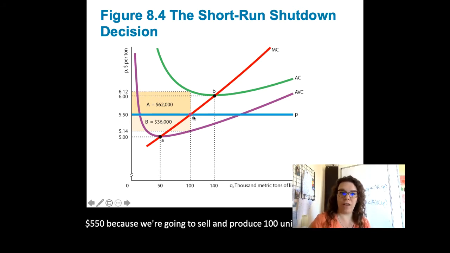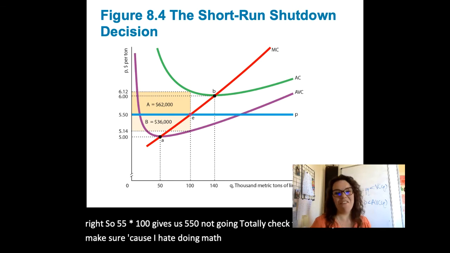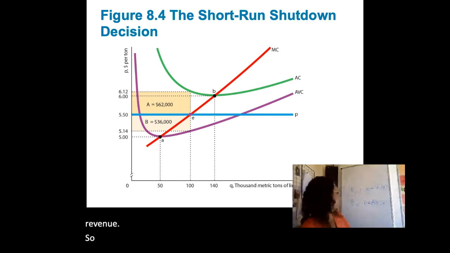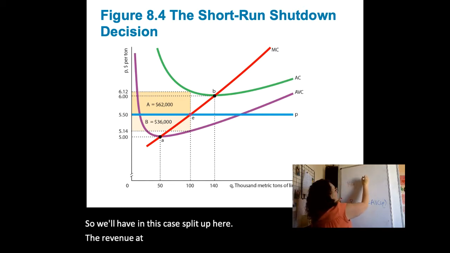So 5.5 times 100 gives us 550. I'm not going to totally check that math, because I hate doing math impromptu. Yeah, $550 in revenue. The revenue at our given quantity is $550.